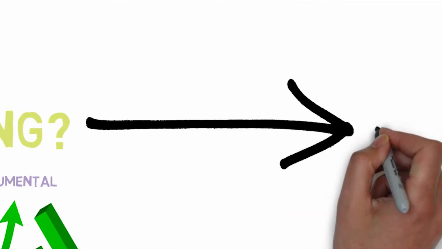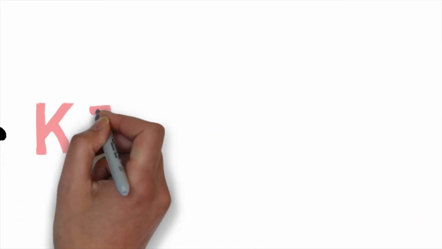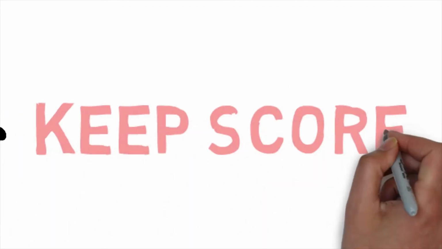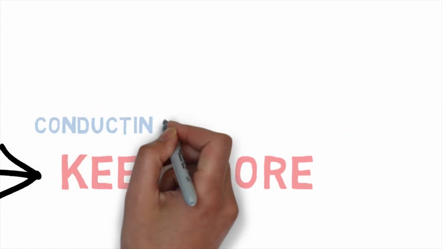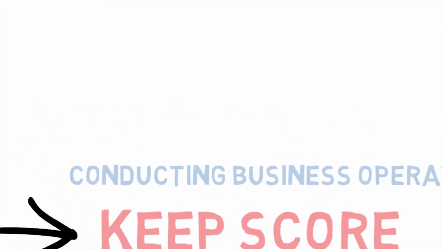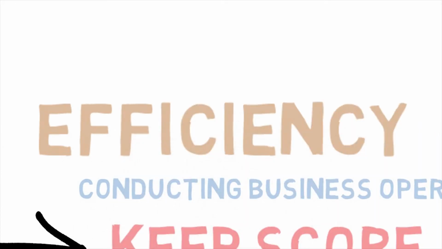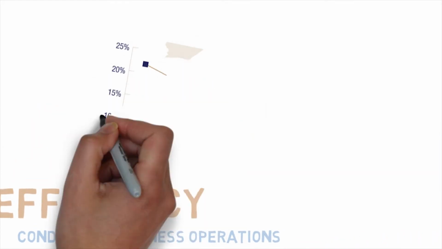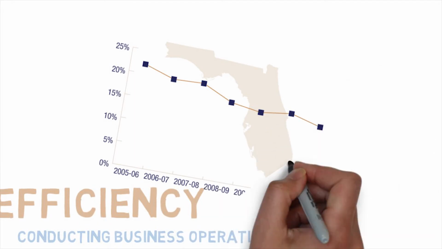In short, accounting helps the organization to keep score when conducting business operations by reviewing the efficiency of operations based on the financial reports prepared by accountants.